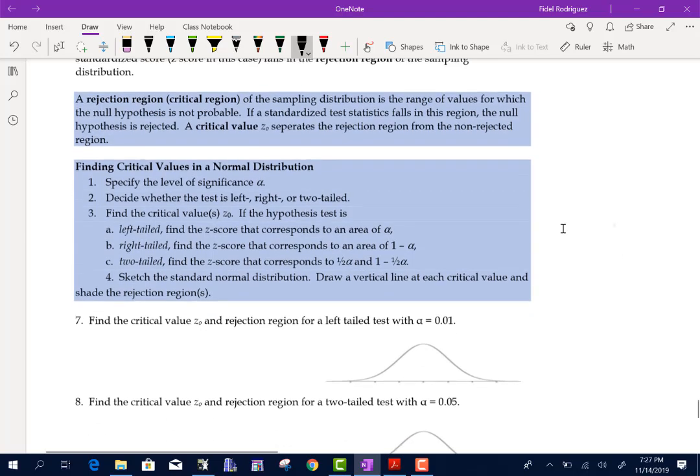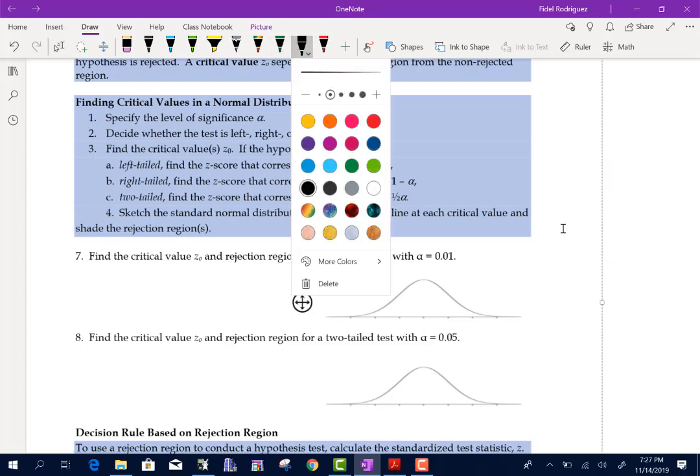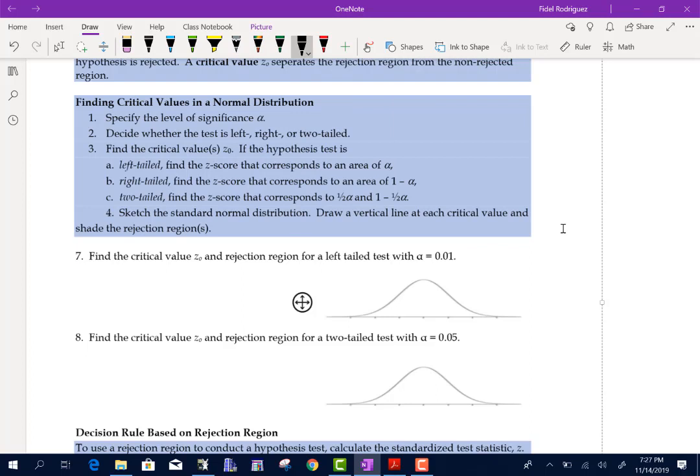Okay, so the way we're going to do this here, it says finding critical values in a normal distribution. We have to specify the level of significance, the alpha. Decide whether the test is a left, right, or two-tailed test. We're going to find the critical values, okay? And so I want you to look right here, and it tells me exactly how to do that part.